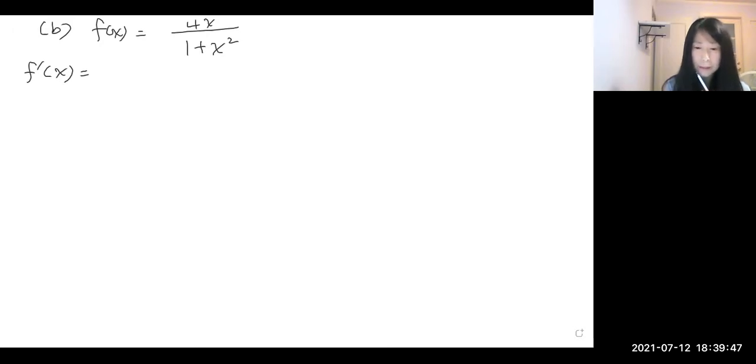F prime of x. Use the quotient rule. So this is f over g, f prime g minus f g prime over g squared. So then f prime, what do you get?